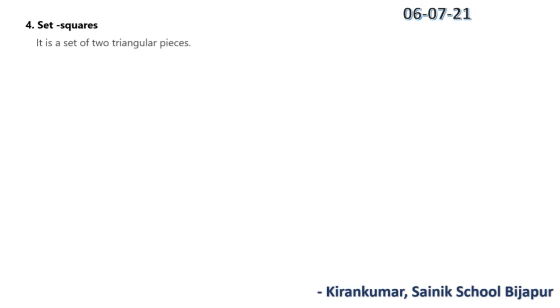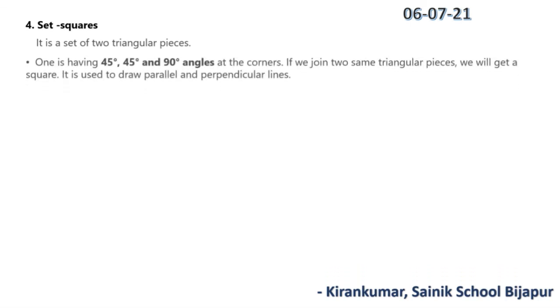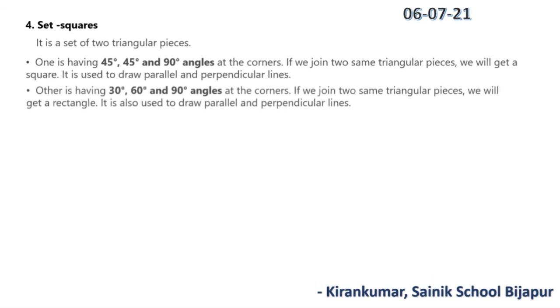It is used for drawing parallel lines and also perpendicular lines. Another has 30 degree, 60 degree and 90 degree angles at the corners. If we join 2 same triangular pieces, we will get a rectangle. This is also used for drawing parallel and perpendicular lines.